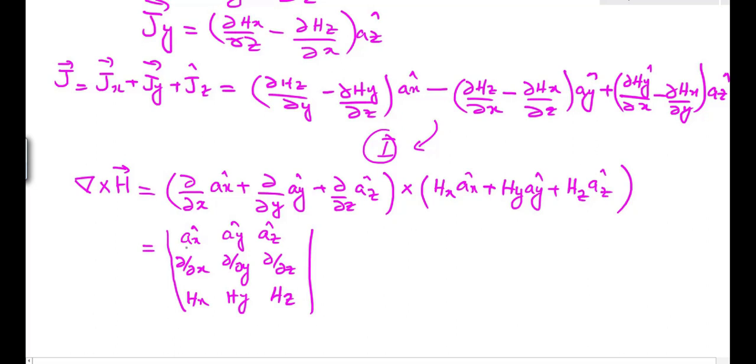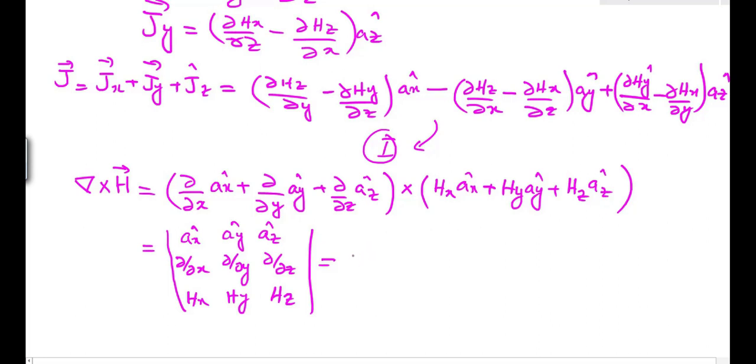We have discussed before how to take the cross product of two vectors using this determinant. The top row is basically the unit vectors, and under the x direction we write the x component of both vectors. In the y column we write the y components of each vector, and so on. Now you take the determinant.